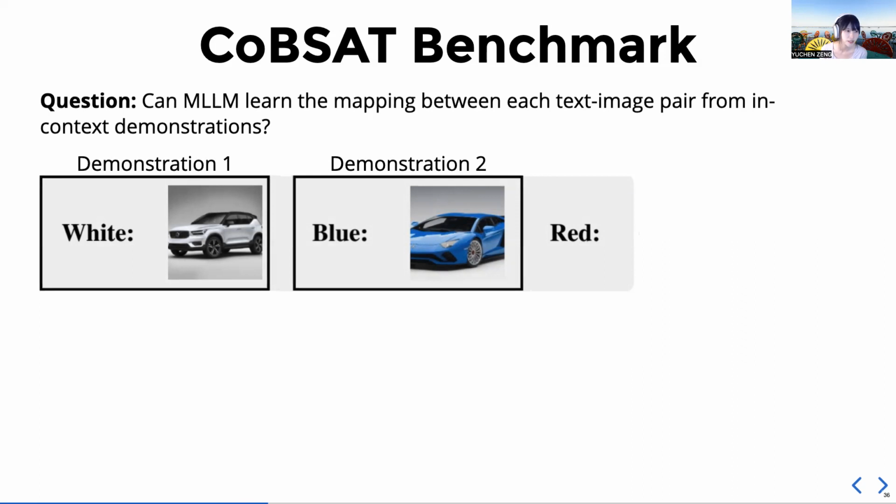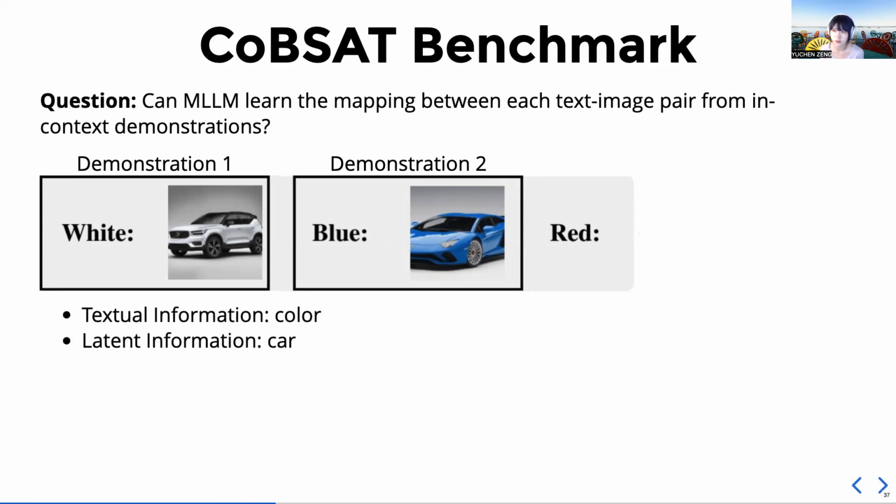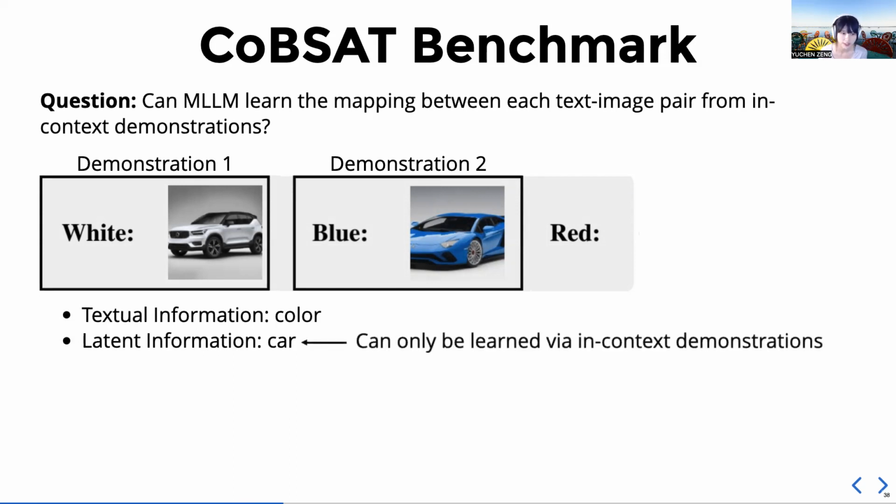We have two demonstrations, and in this example there is a latent information, a car, which is not provided in the text instruction. We design the prompt like this because the latent information can only be learned via in-context demonstrations, so we can evaluate whether the MLLMs indeed learn from the in-context demonstrations.